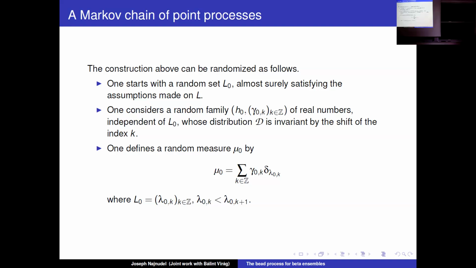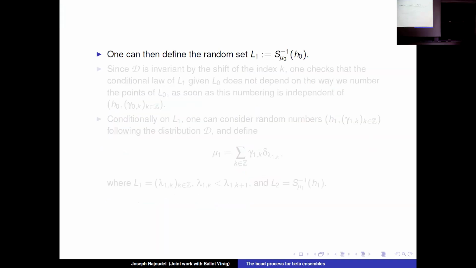And then so we have a new measure, and then we can define the still-just transform of this measure. And we choose a level h0. And then we get a new random set of points.